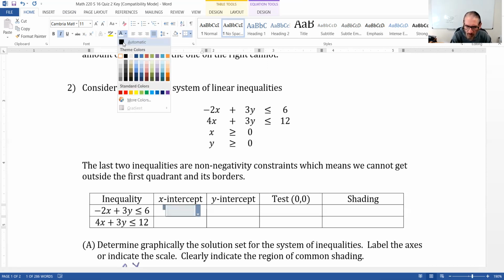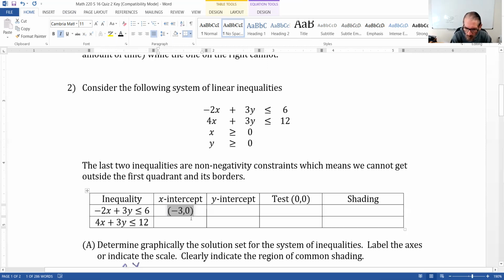And adding that to -2x would give us -2x. So if we had equals there, -2x equaling 6, divide both sides by -2, would get -3. So -3 comma 0 is our x-intercept. So similarly for the y-intercept, we get 0, 2.